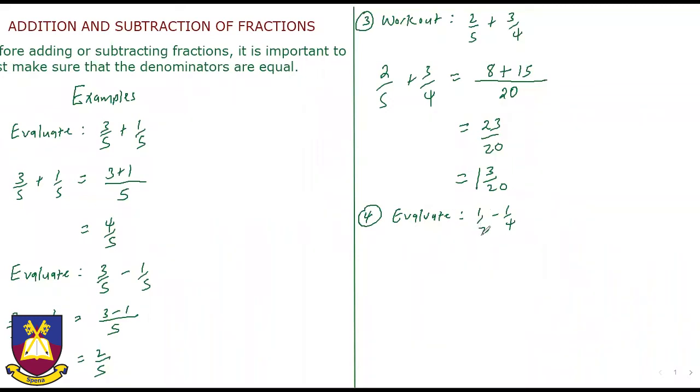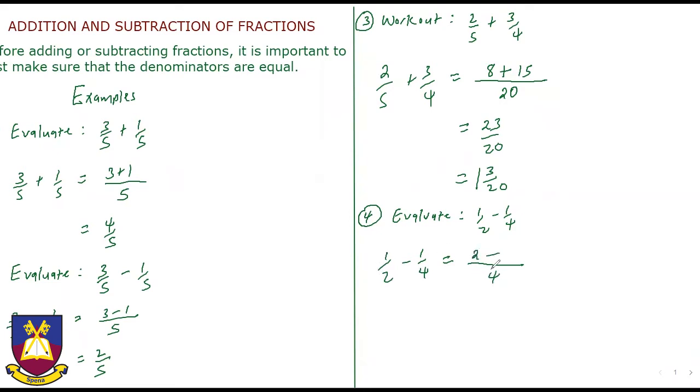Evaluate a half minus a quarter. So we have a half minus a quarter. The denominator is not the same. So we first find the LCM, which is 4. The LCM of 2 and 4 is 4. 4 divided by 2 is 2. 2 times this 1, that's 2.